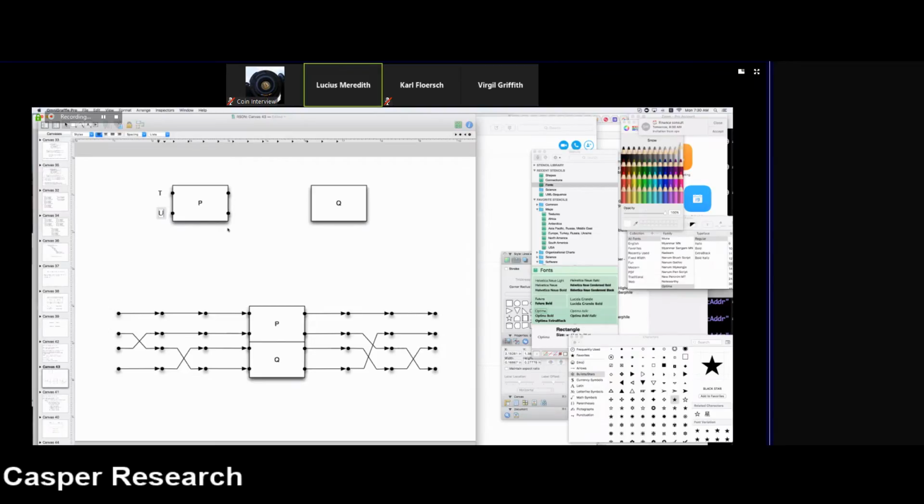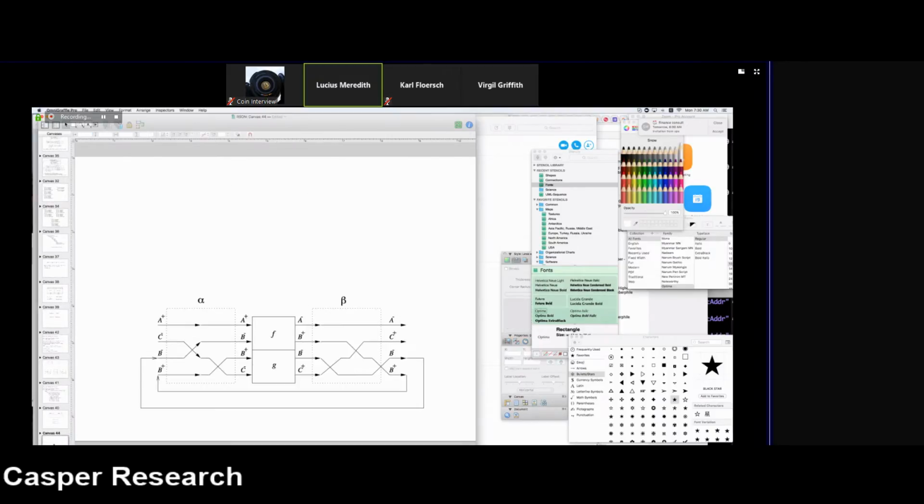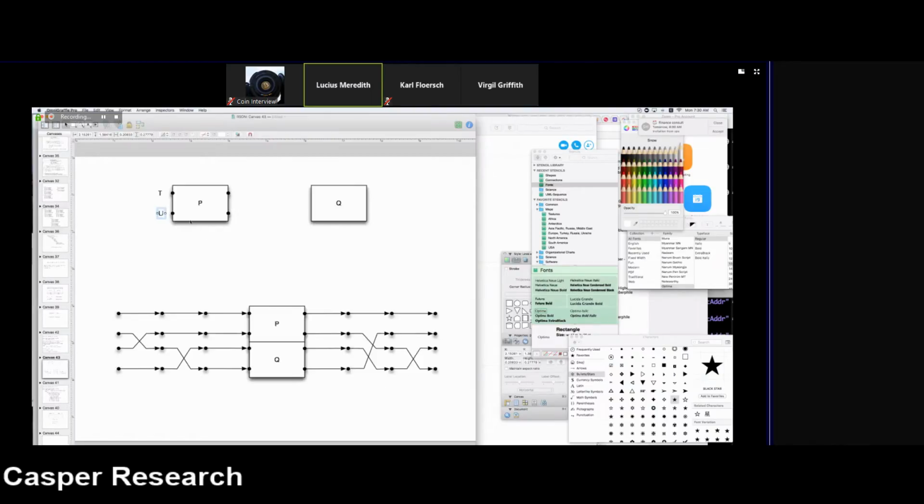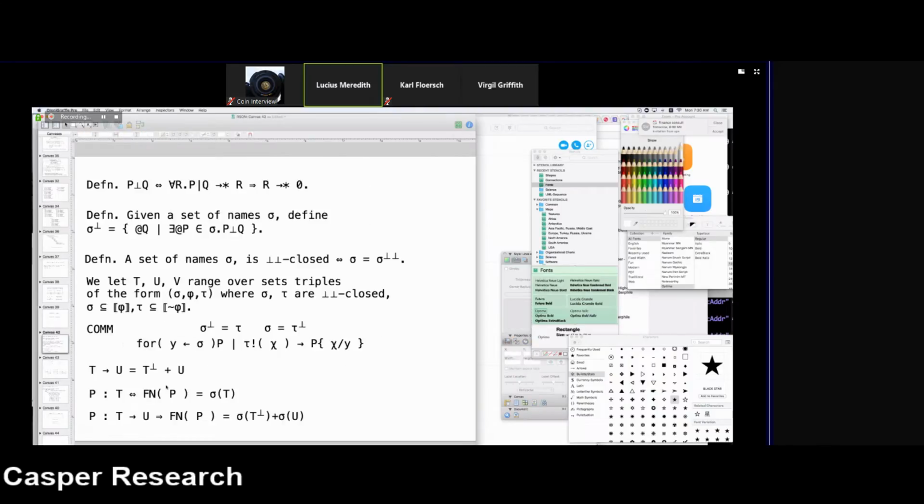And I've made a nicer diagram here. But okay, so you can think of this as in the negative polarity with respect to the other one. Maybe it would be easier for purposes of discussion if I just flip it around.